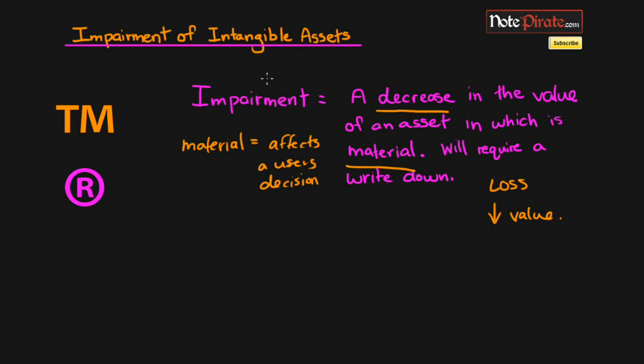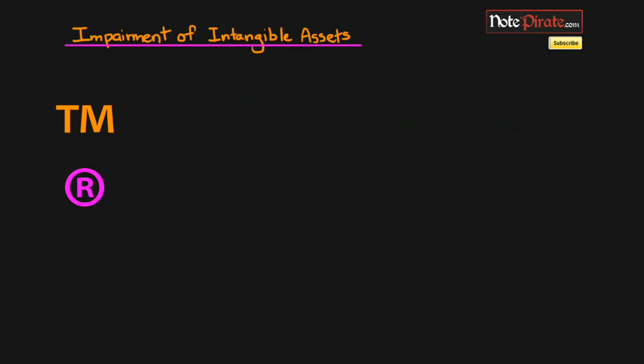So let's talk about the impairment of intangible assets. We're going to separate it into limited life and indefinite intangible assets. First off, limited life. We know that these types of intangible assets have a limited life. That's why it's called that.